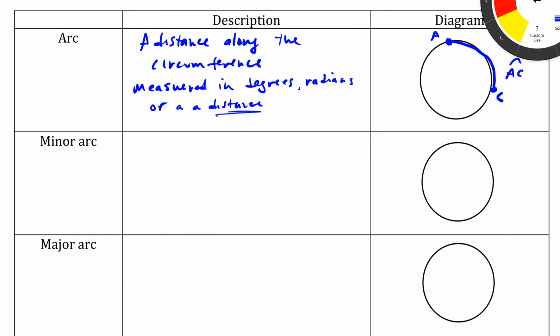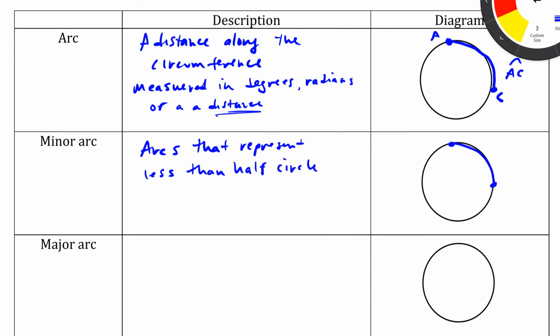Minor arcs are arcs that represent less than half the circle. So I'll just use the same example again here. Arc AC would be considered a minor arc. It's definitely less than half of the circle. If you were to make the diameter, you could see that it's less than the distance back to the diameter.